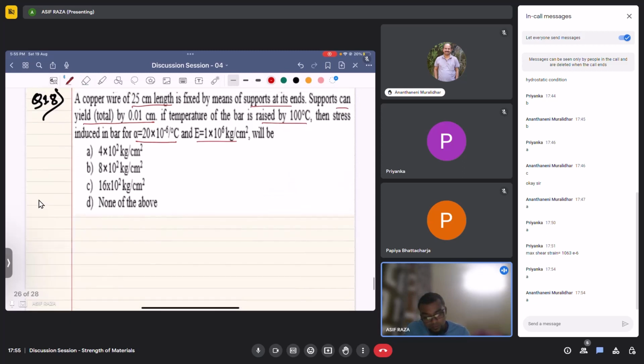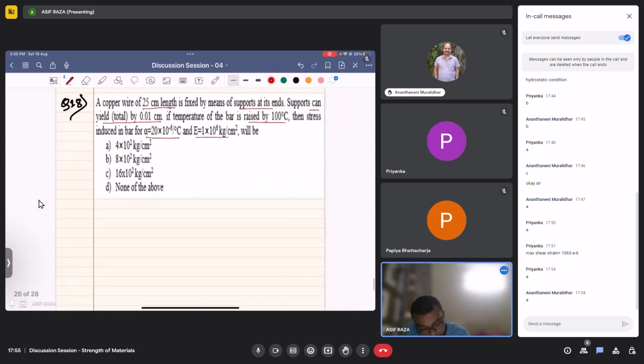So the question is, there's a copper wire of 25 centimeter length, I'll write 250 millimeter in length, and is fixed by means of supports at its end. And it says that supports can yield a total of 0.01 centimeter.